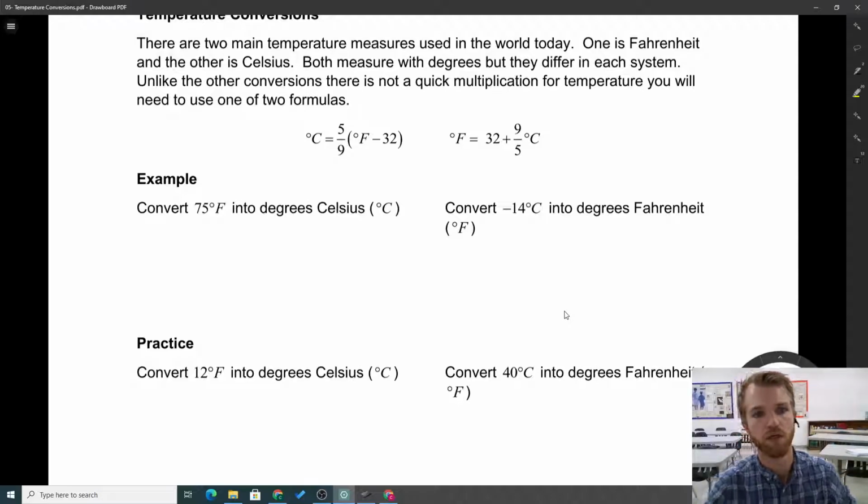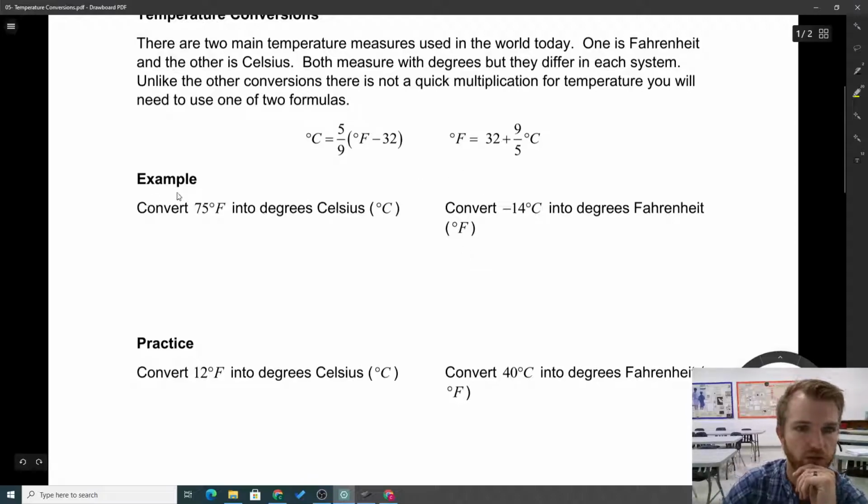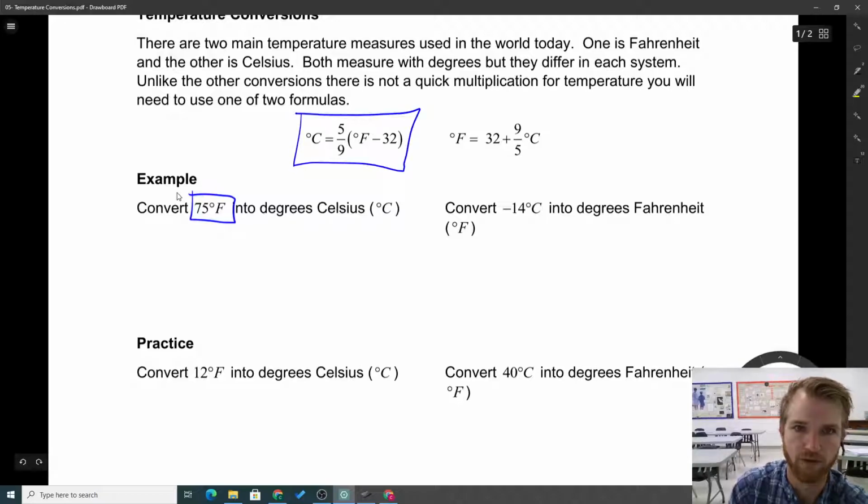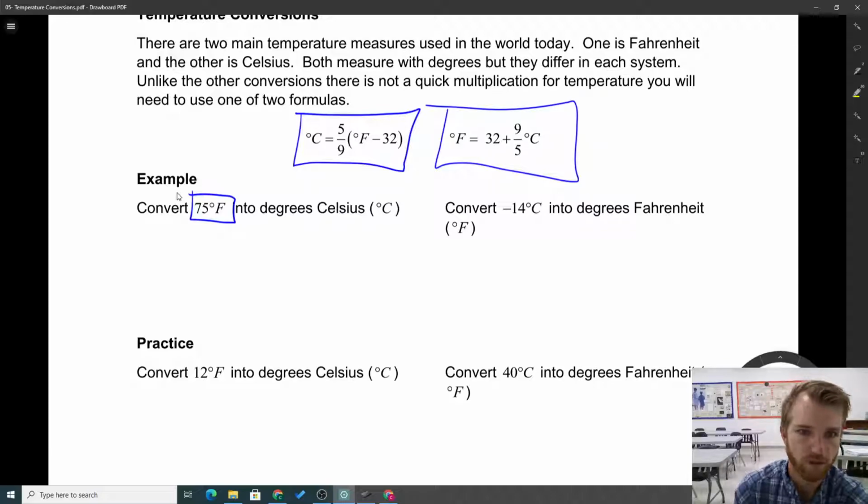So let's go ahead and do this first example. If I have 75 degrees Fahrenheit and I want to know what that temperature is in Celsius, I have two equations to choose from here. We want our answer to be in degrees Celsius, so this is the equation for finding degrees Celsius.